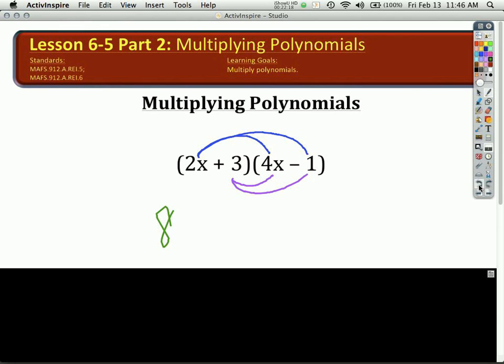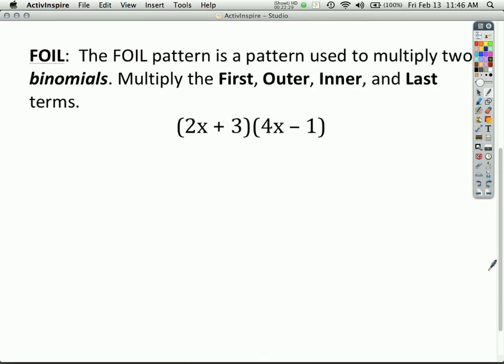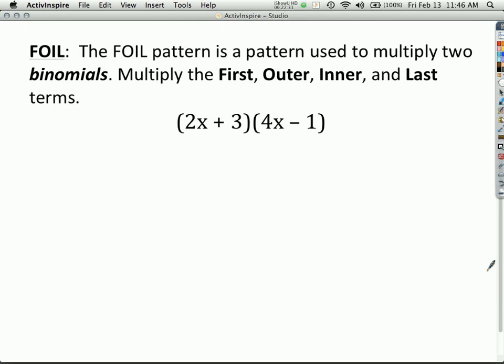But we're going to frame it around an idea that someone came up with a long time ago because it's memorable and it helps with such a challenging idea. And so this is the new that you're going to learn. It's called FOIL. And I know that FOIL is a product you could buy in the store to wrap up your leftovers at home. But in this case, the word FOIL is serving as an acronym.